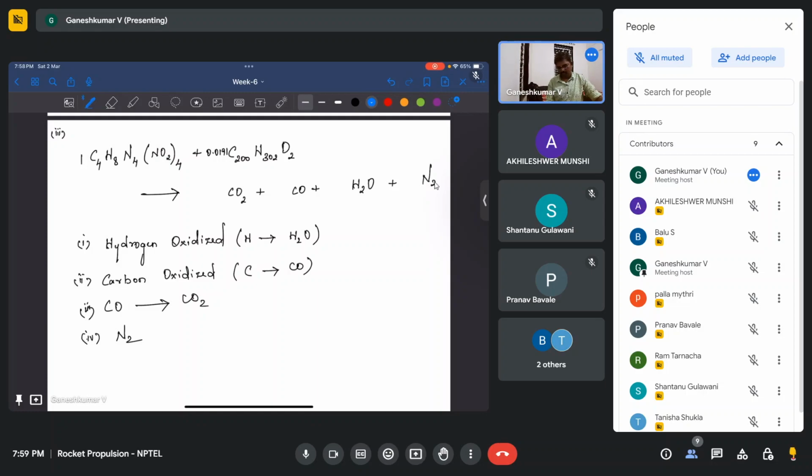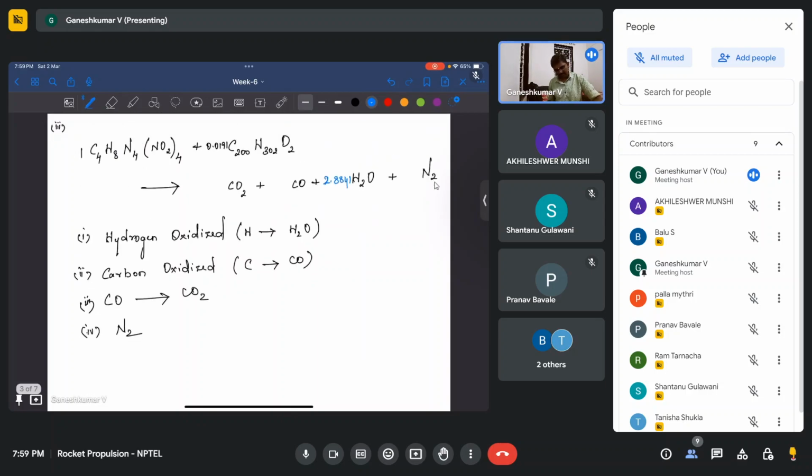If you divide it by 2, you will get something like 2.8841. So first I am taking 302 into 0.0191 H, and adding O2 to it to get 2.8841 H2O.